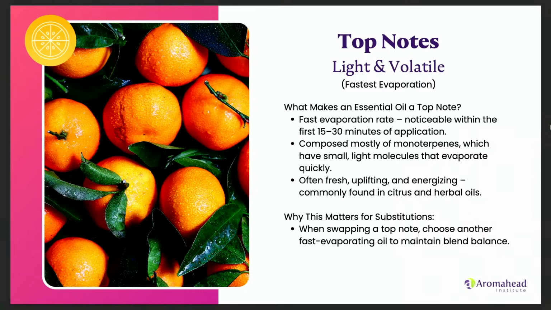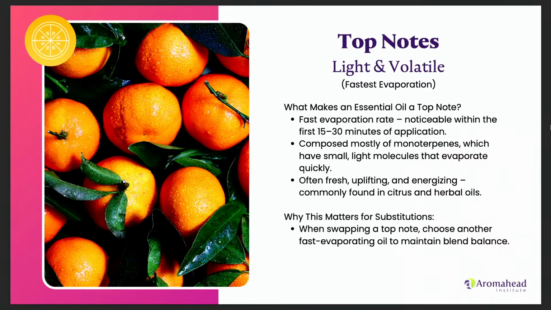Now, the top notes, the monoterpenes, which I'm going to say a word, alpha-pinene is a component in the monoterpene family. D-limonene is a component in the monoterpene family that we find a lot in our citrus oils.